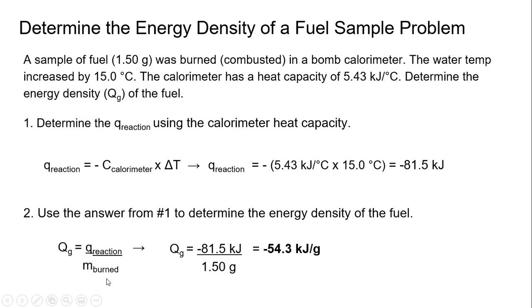For this case, you would actually only be able to do it this way because you don't know what the fuel is. So this means Q, the reaction from above, and m means the mass burned, which is right here, 1.50. You plug that in, and this one actually looks right. The units are not moved. It is negative 54.3 kilojoules per gram.